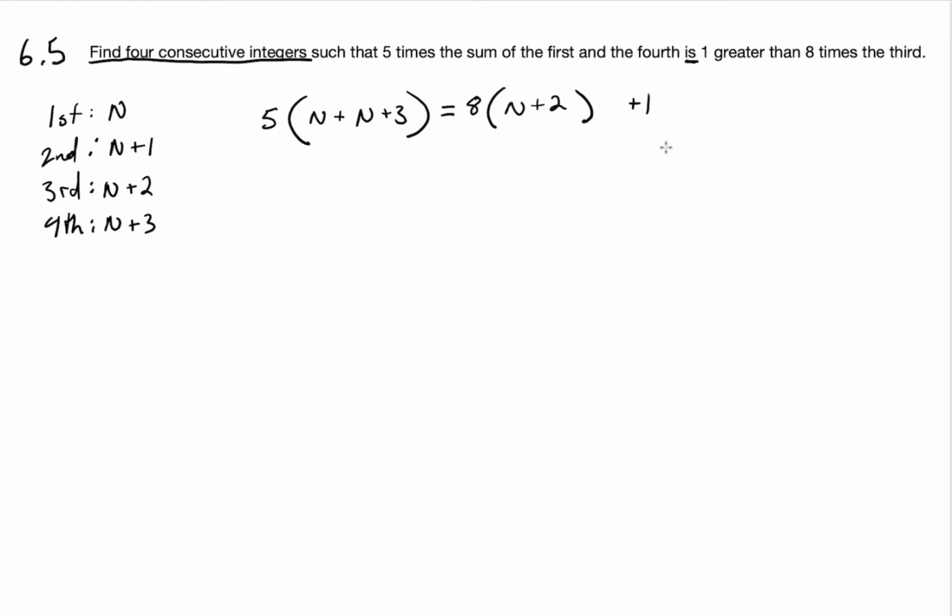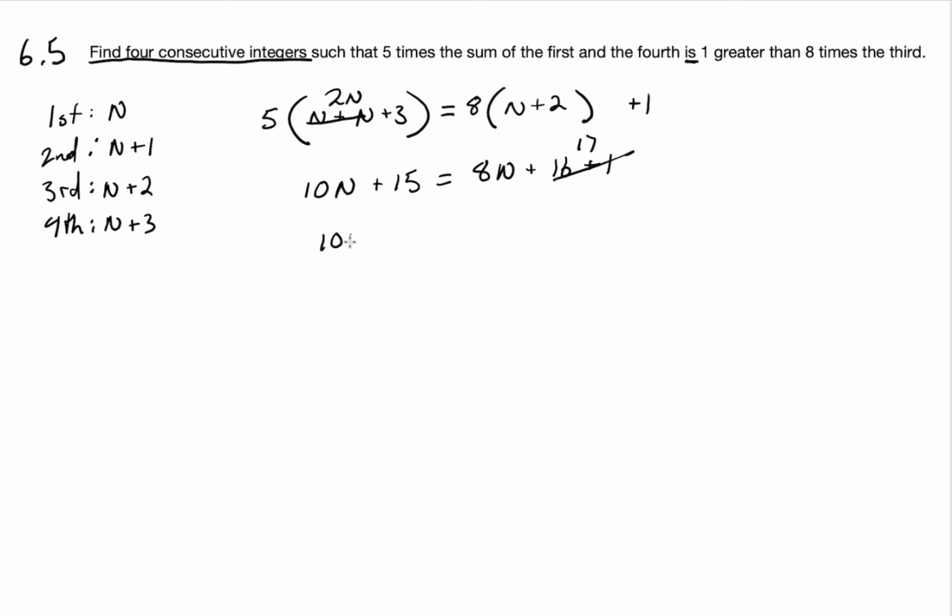And let's solve it. So this is going to be 2n right here, right? So 5 times 2n is 10n plus 15. And then we have 8n plus 16 plus 1. That's going to be 17. So let's do our flip-flop.